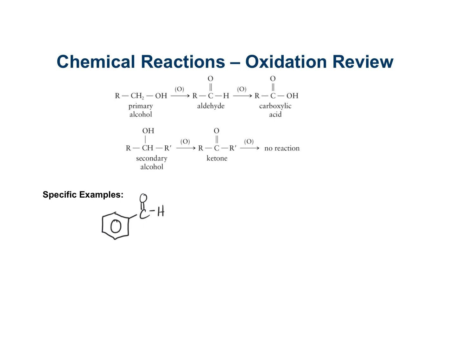For example, this is benzaldehyde, and if benzaldehyde reacts with an oxidizing agent, what we're going to notice is that the carbonyl stays the same, but instead of a hydrogen there, now we're going to have an OH.